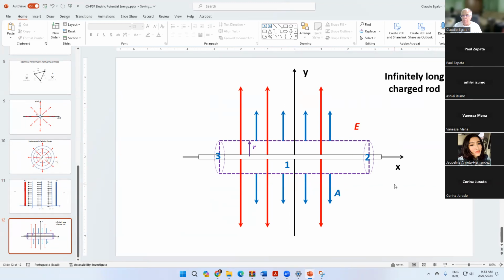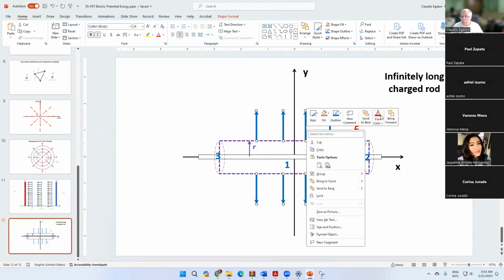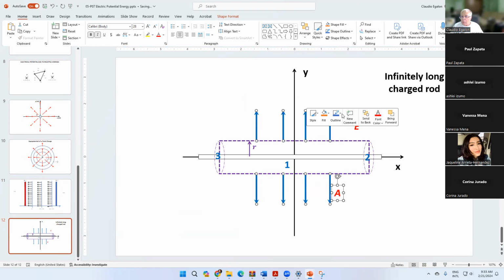In the case of the charged rod, I'm going to change the color, right? Here you go. Those are no longer the area vectors. Now I'm going to call this one the electric field vectors. For this reason, I'm going to change their color. Outline red. And this one, you don't need that anymore. Here are my electric fields.